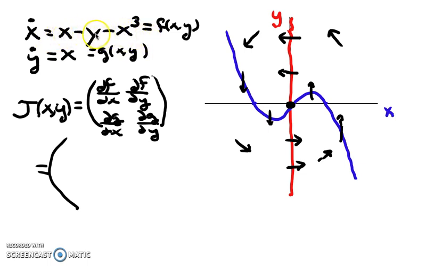So if y were a constant, the derivative of this polynomial would be 1 minus 3 times x squared. And the derivative of this polynomial with respect to y is minus 1. The derivative of g of x and y with respect to x is 1, and the derivative with respect to y is 0.